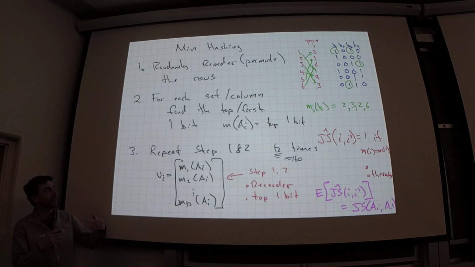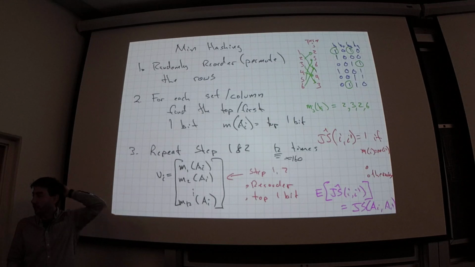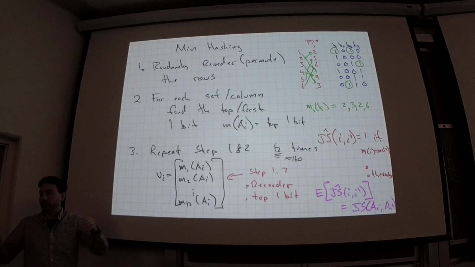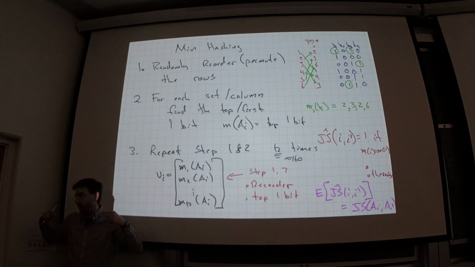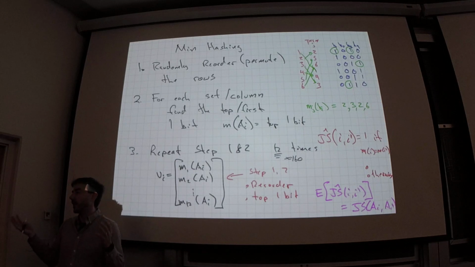This has a clever property that allows us to ignore the rows which are all zeros. If I throw in more rows which are all zeros, those are never the top one for any of the vectors, even if they show up on top in the permutation. So it has this advantage that will allow us to do this quickly, independent of the size of the domain. It'll only depend effectively on the number of 1 bits. That's all we'll have to look at.